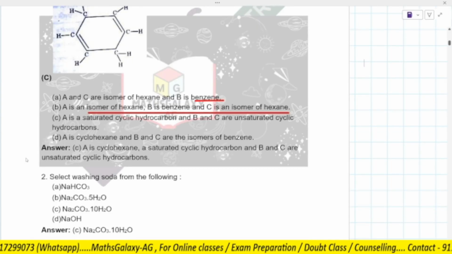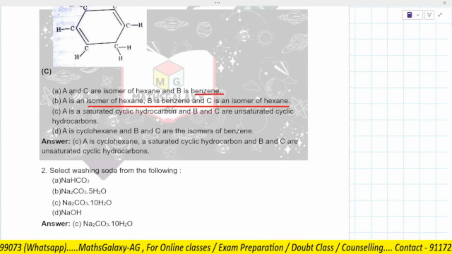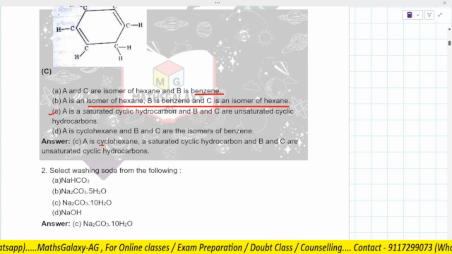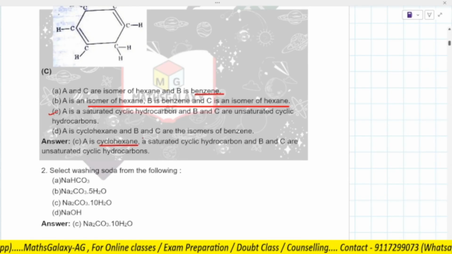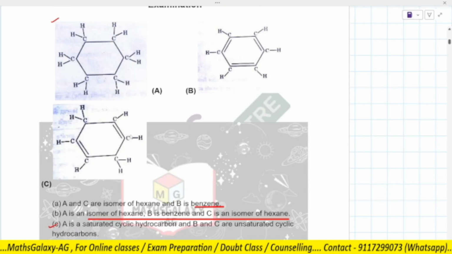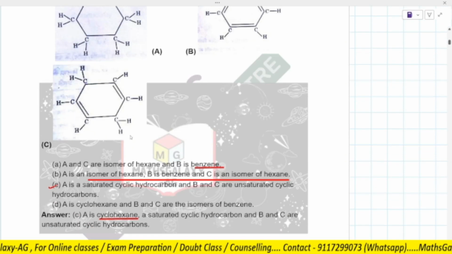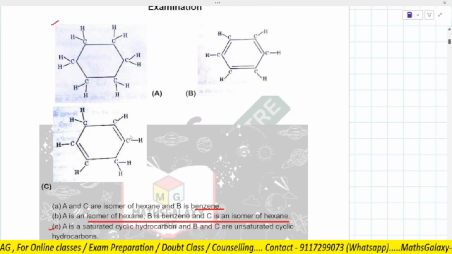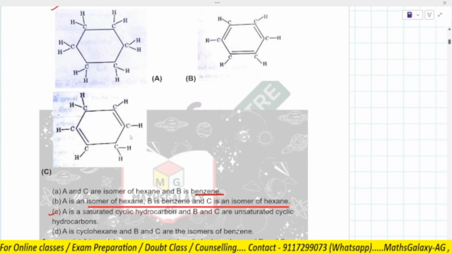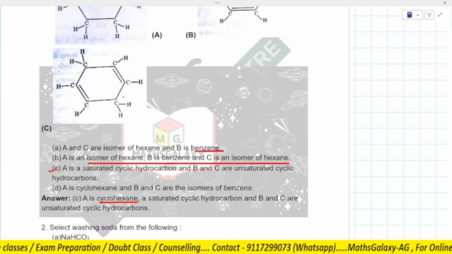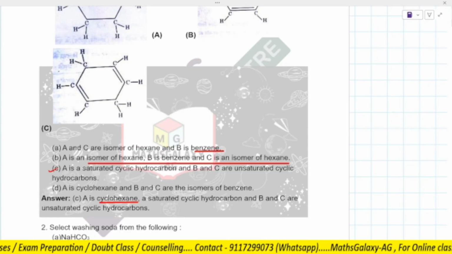So our answer will be option C. Let's see the explanation. A is cyclohexane, right? All are in a cyclic structure or ring structure, so we use the prefix cyclo first. Then the total number of carbon is 6, so hex. And here it is a single bond, so alkane group.